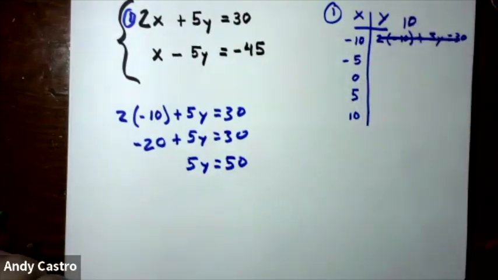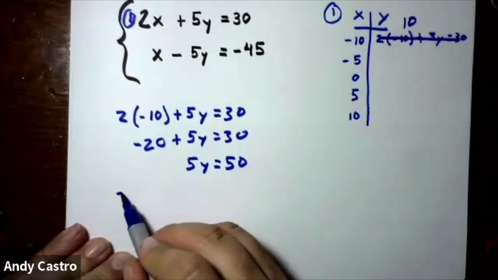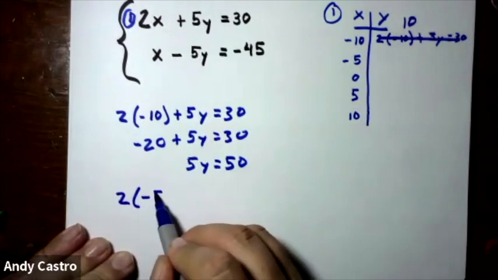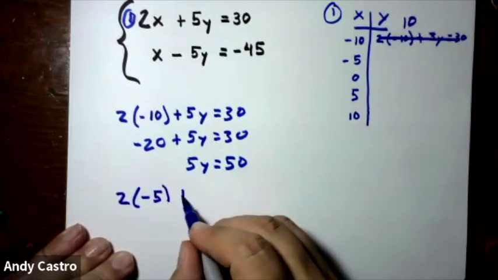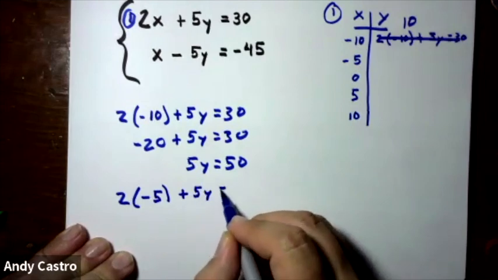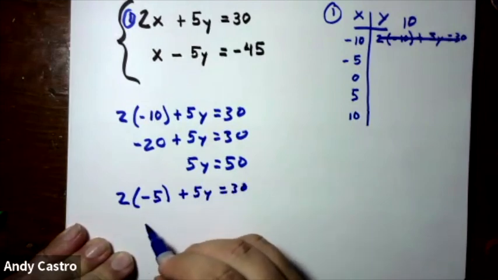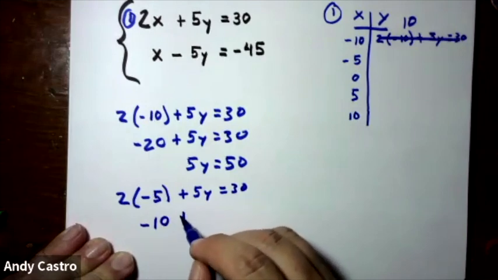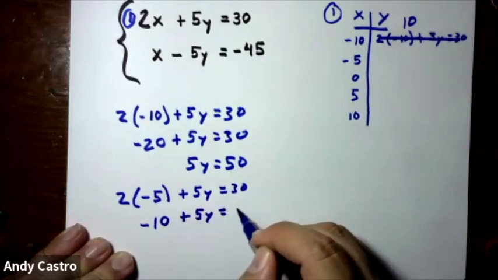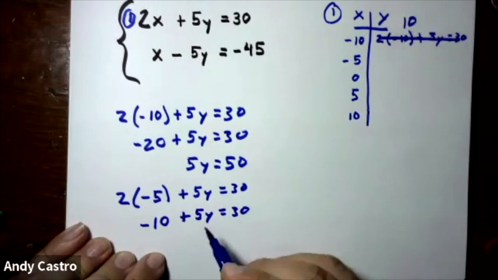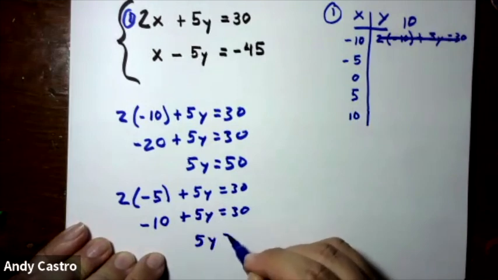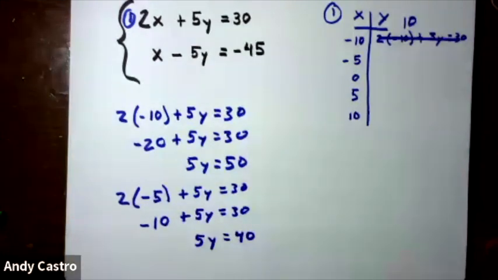Now let's do -5. I do 2 times -5 plus 5y is equal to 30. 2 times -5 is -10, plus 5y is 30. Add 10 to both sides. 5 times y is 40.